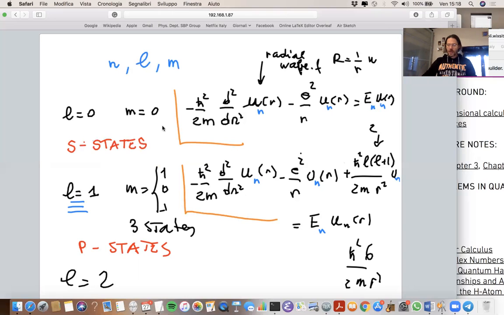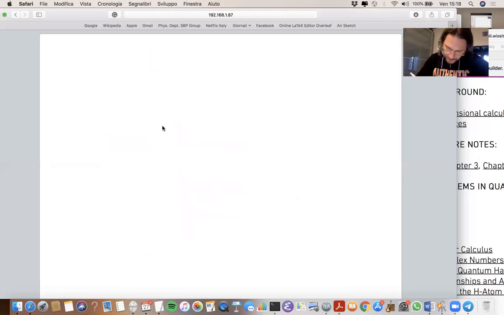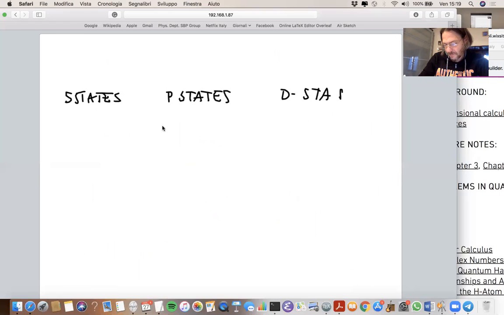So in general, you can classify your energy states in S states, P states, D states, which are angular momentum larger than 1, and so on and so forth.